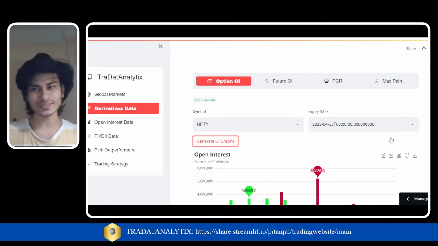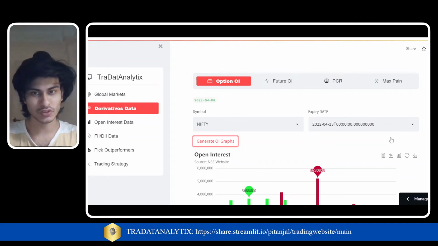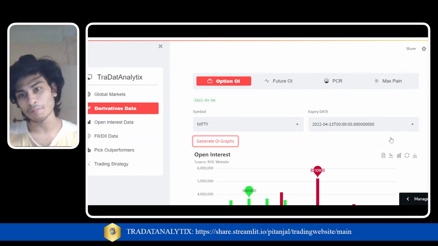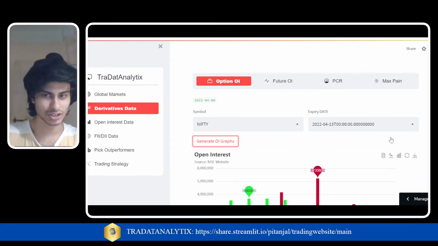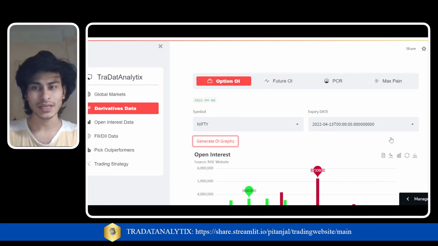So how exactly does this tool help you? I've just spoken about global markets and derivatives data. Option OI gives you some cues about where the resistance and supports are. Then the futures OI helps you understand whether the open interest is supporting the market direction or not. If the open interest had increased with a strong up move, we could have confirmed heavy long build up, which is not the case.